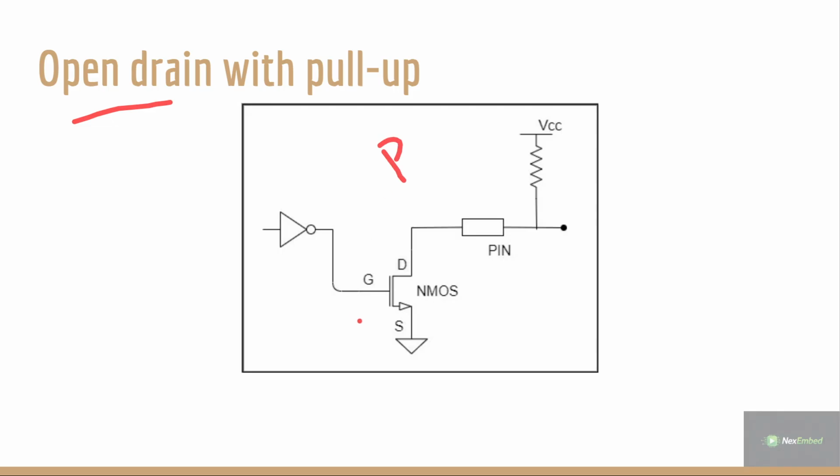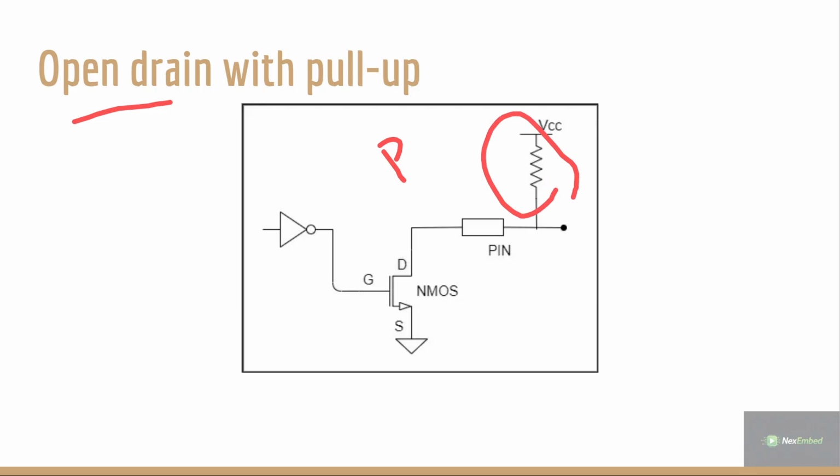You can see here only an NMOS is available. So this state is called open drain state. You can see my inverter is directly connected to the NMOS and the particular pin. So in this case, it usually will be in the 0 state. In order to avoid that, we go with the pull-up concept.